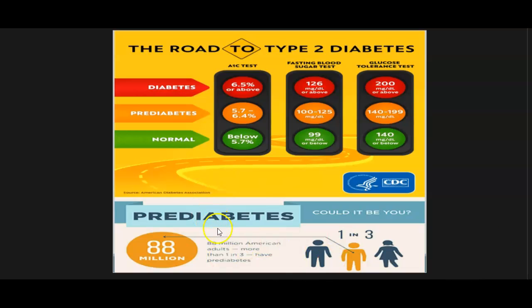Because like we said, 88 million American adults, or 1 in 3, have prediabetes. And that is basically, as you can see here, their glucose level is not high enough to be considered diabetes, but in that kind of warning zone. So 100 to 125 on a consistent level is their glucose if they take a fasting blood glucose test.